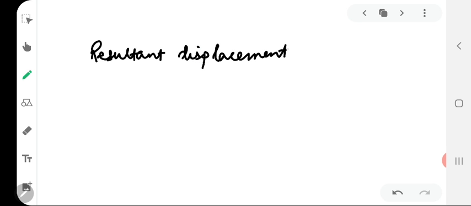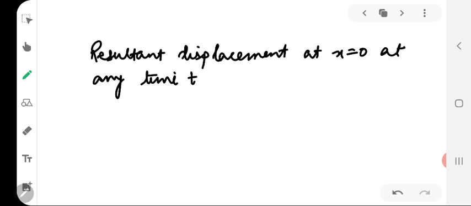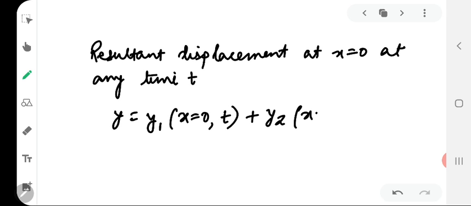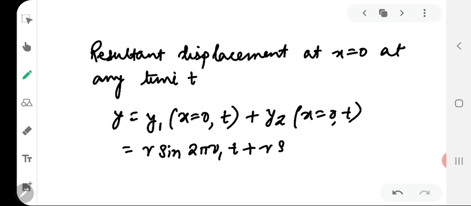So according to the principle of superposition, the resultant displacement at x equal to 0 at any time t will be y equal to y1 at x equal to 0 plus y2 at x equal to 0, and that shall be equal to r sine 2 pi nu 1 t plus r sine 2 pi nu 2 t.